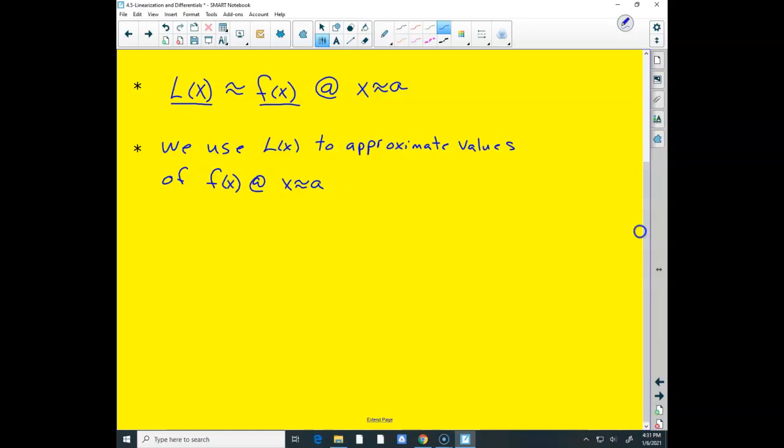Why do we want to do that? We want to do that because L of x, our linear function, is easier to work with.